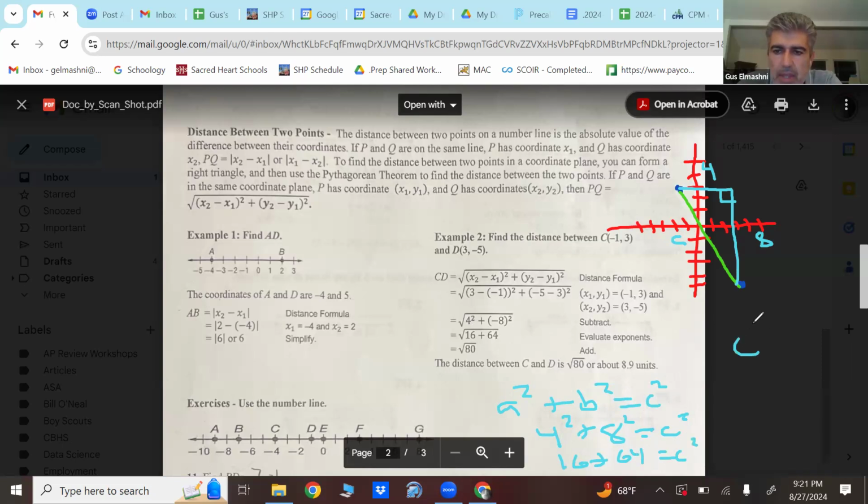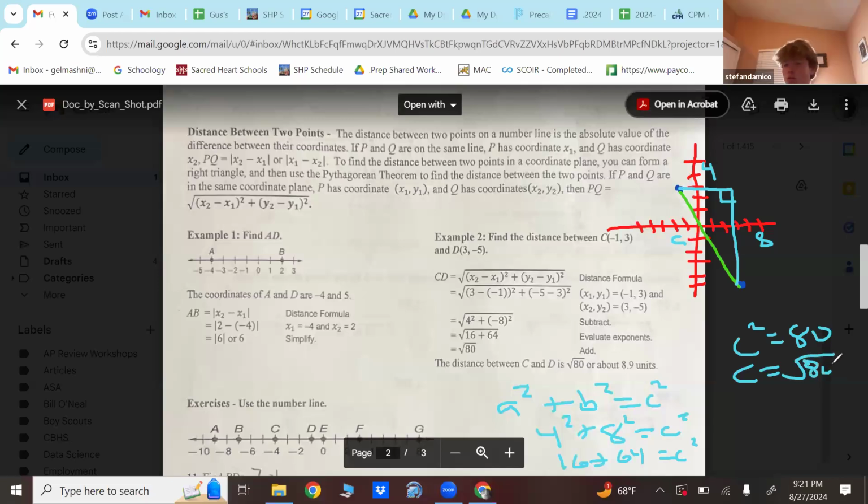So c squared equals 80, so c is root 80. So c is 4 root 5, because 80 is 16 times 5.